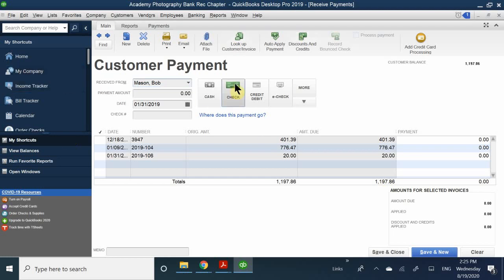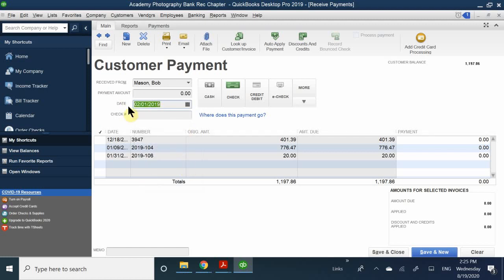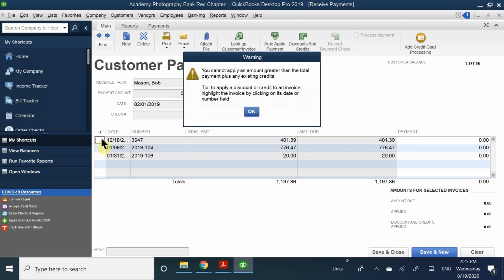This is the total amount that he's going to pay us, and we accept his check. What day do we accept it? Maybe he sent it in a couple of days later because he said, "Just wait till Friday." Friday, February 1st. And for which amount? He's planning to pay all of it off.